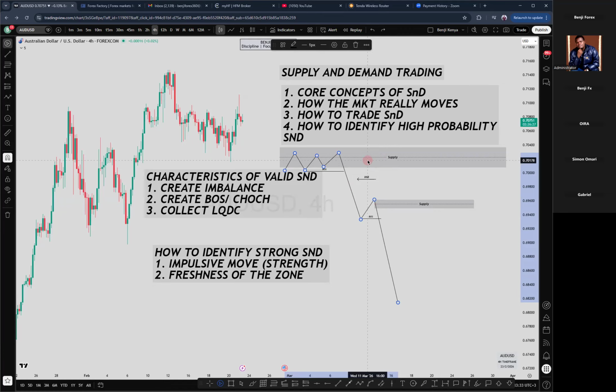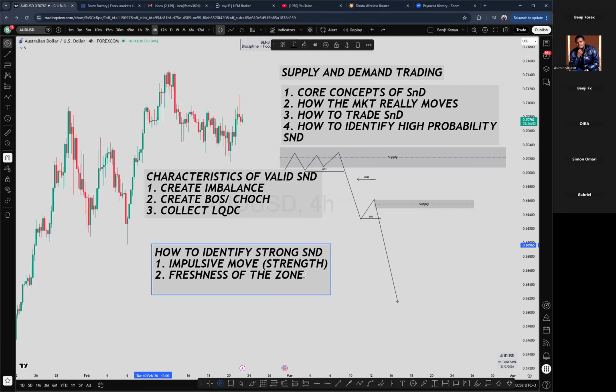Mitigation means the market was able to tap into that supply and move according to the structure. And the structure is sells, as you can see. The market is on a bearish run. So this is a fresh supply zone. It has not been mitigated. Whenever you see fresh supply and demand areas that have not been mitigated, it shows that area is a very strong supply and demand area.